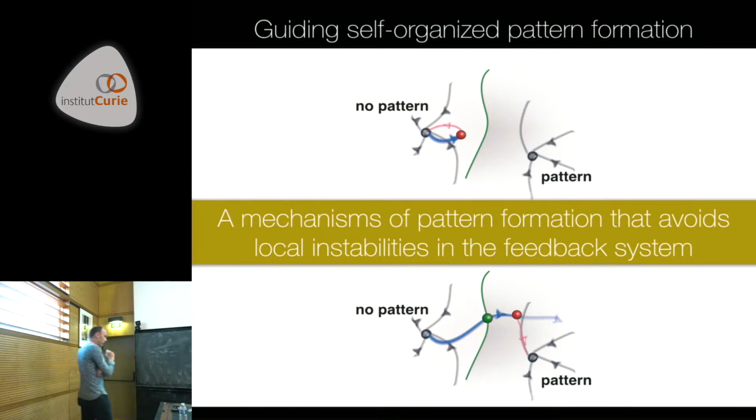And I guess the key thing here is this is a mechanism of pattern formation. If you impose control on a pattern forming system like this, you have a mechanism of pattern formation that avoids local instabilities. And of course, local instabilities are exactly what you want to avoid if you want to make this deterministic.